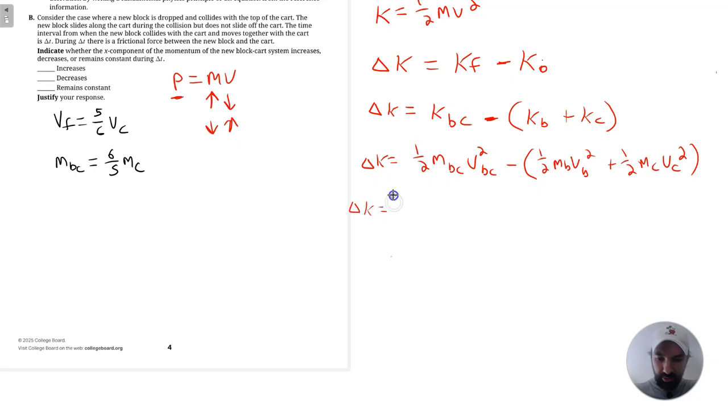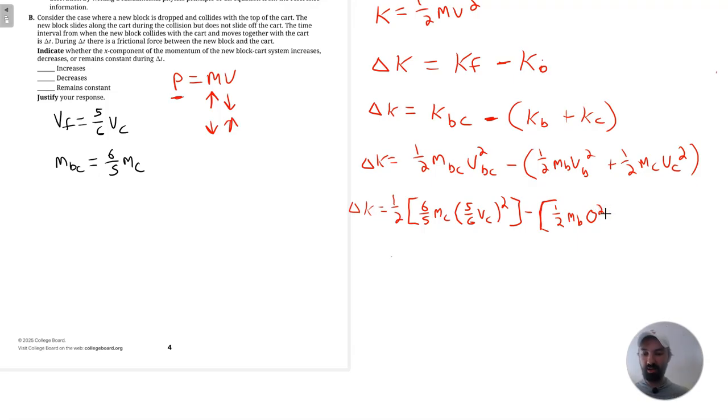Delta K is equal to 1/2. The mass of the block cart is 6/5 the mass of the cart. The velocity of the block cart is 5/6 the velocity of the cart, minus 1/2 the mass of the block times 0 squared.